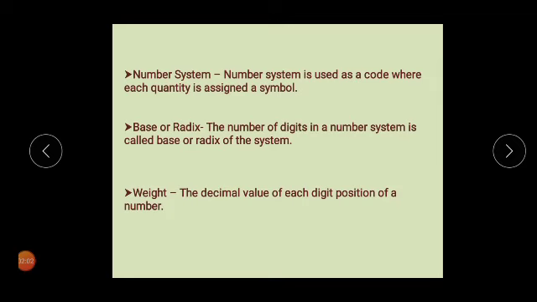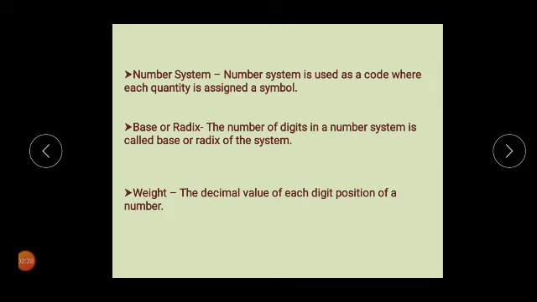In the decimal number system, the basic digits are from 0 to 9. The number of digits in any given number system is called the base of the system or radix of the system. Next, weight. The decimal value of each digit position is called the weight.